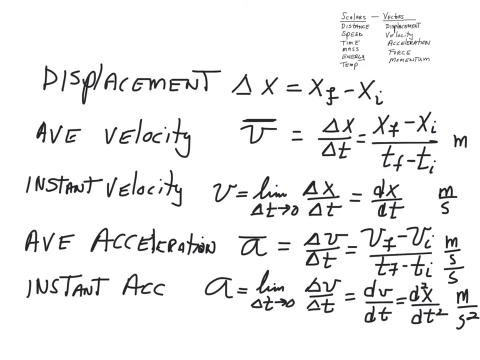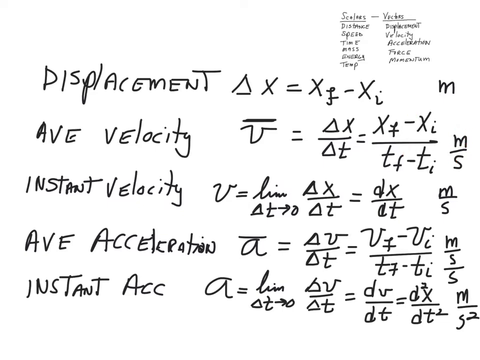Okay, so generally we'll measure velocity in meters, in some cases centimeters, and then we'll get, oh no, I made a mistake. Okay, so displacement will be measured in meters, and velocity, whether it's average or instantaneous, will be meters per second.